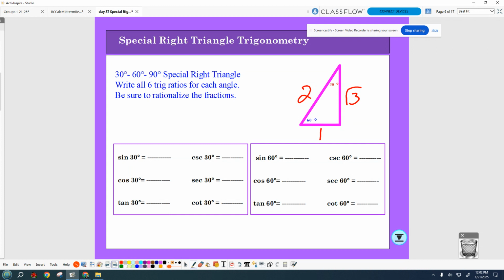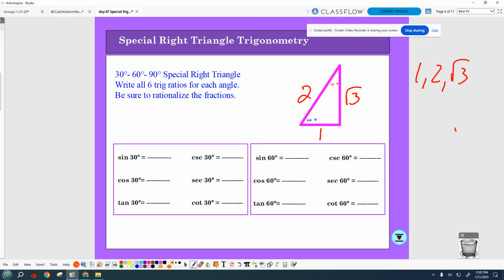Jack, is the smallest side always across from the smallest angle, the medium angle, the biggest angle, or is it random? It is always across from the smallest angle. So if you know the numbers 1, 2, and it's not quite 3. Is square root of 3 bigger than 2 or less than 2?